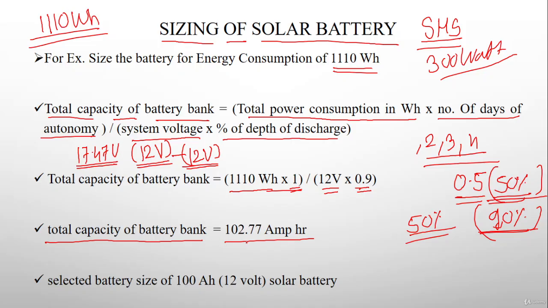So we choose close to this rating, from the standard ratings available in the market. In the market, the 100 ampere hour battery is easily available, which is rated at 12 volt, with a storage of 100 ampere hour.